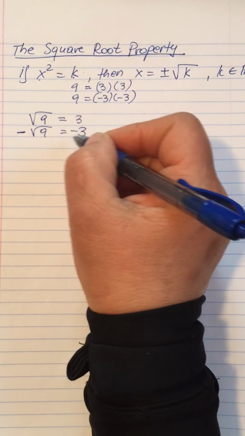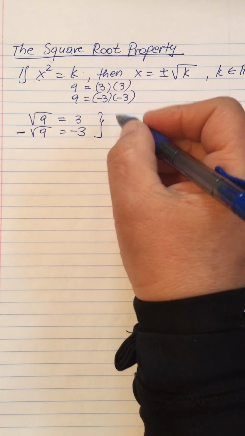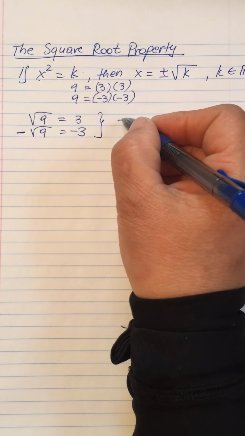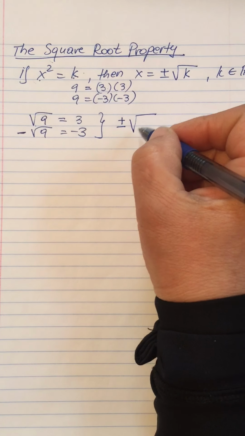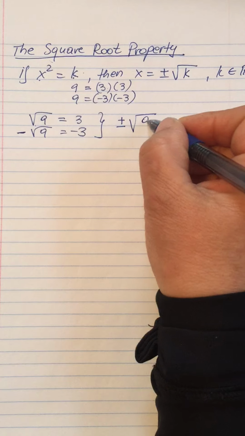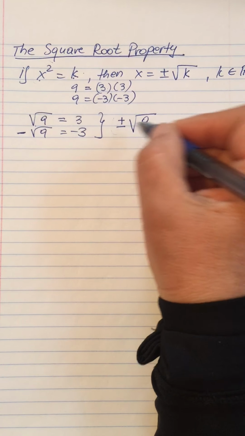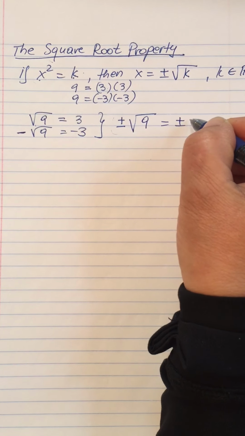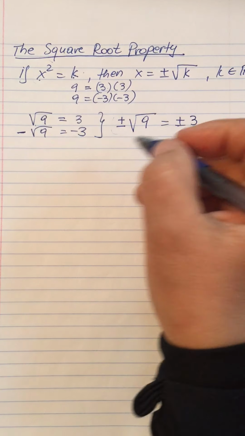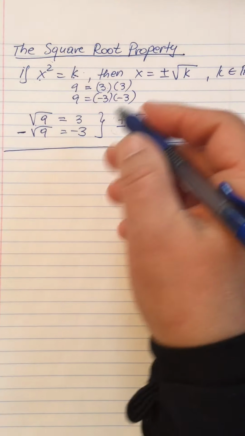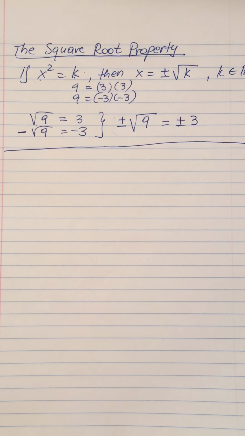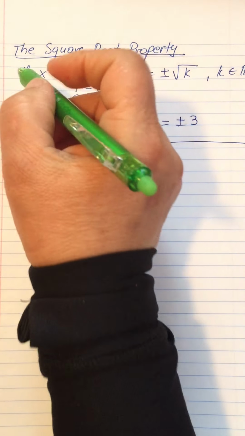So here are both roots, and combining them together, if we put plus and minus in front of the radical sign, the square root of 9, we are looking for both roots of 9, which are positive and negative 3. We discussed this, you already know this stuff, but it is not bad to recall it. So this is the square root property.